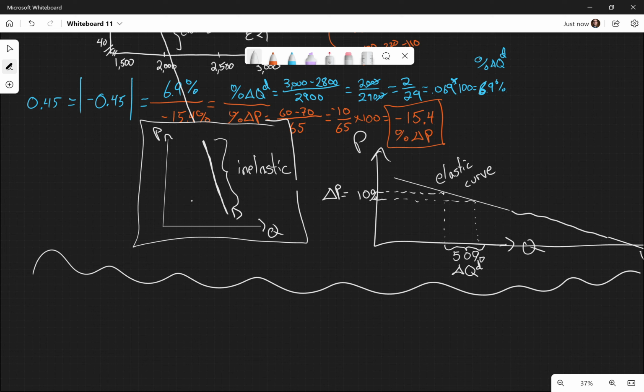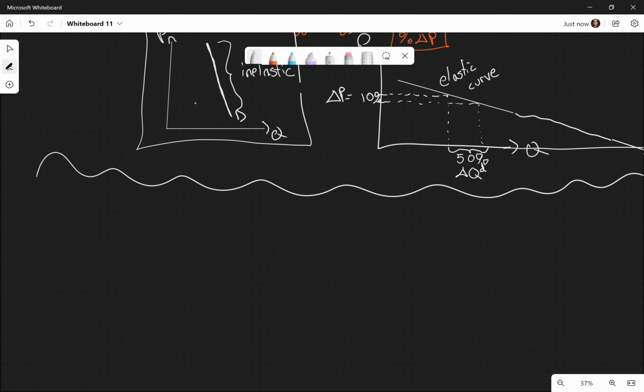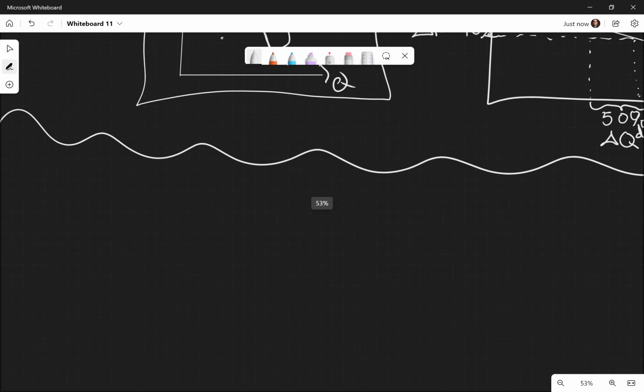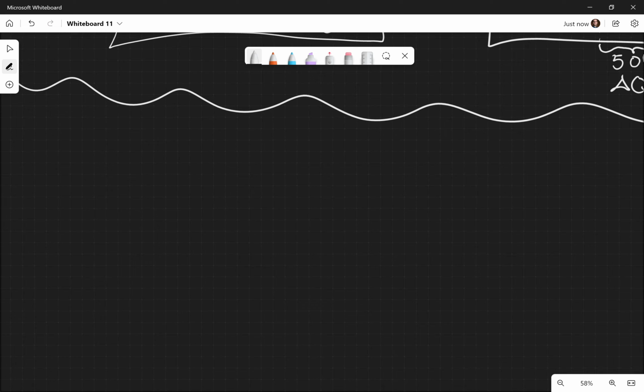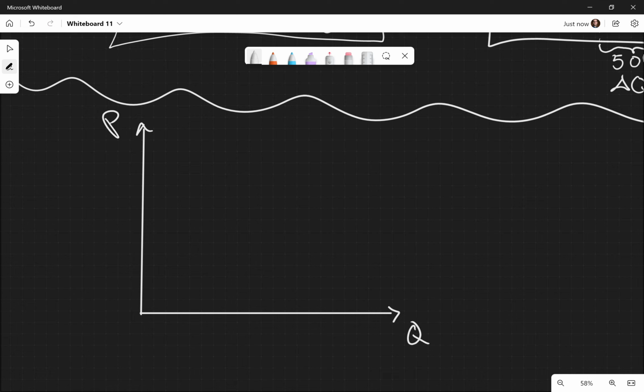So most of our questions are going to be dealing with price elasticity of demand, but it is important to note that in the same way that there's a responsiveness in consumers to changes in price built into the definitions and the curves that we have for demand and supply, similarly, there are certain responsivenesses built into the supply curve.